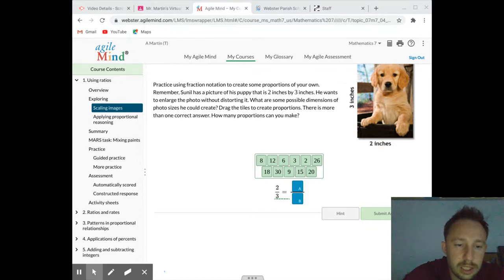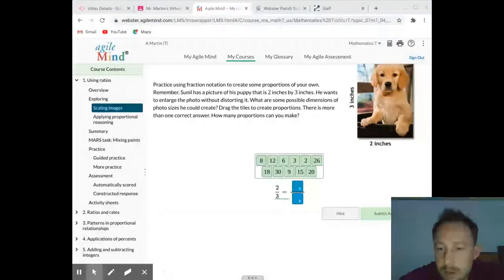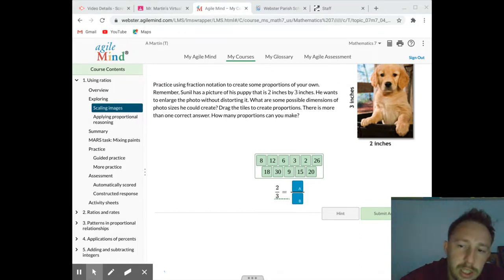All right. So let's look at this. Let's go with Tamarion. Tamarion, tell me an equivalent ratio that I can use with our fraction notation, and tell me what to put in here for A and B. We just went over some of these.